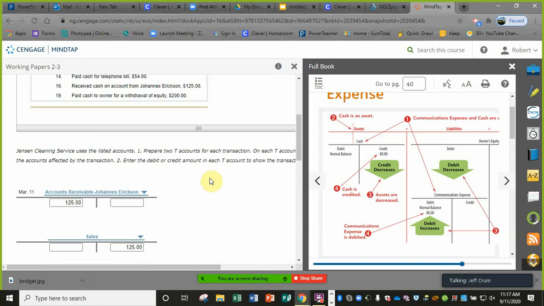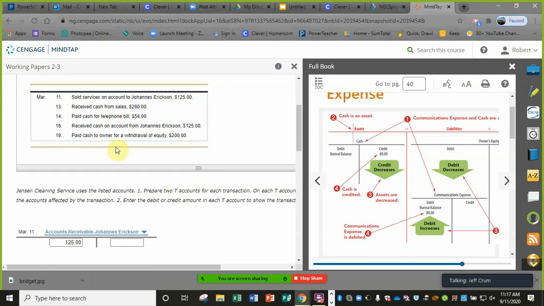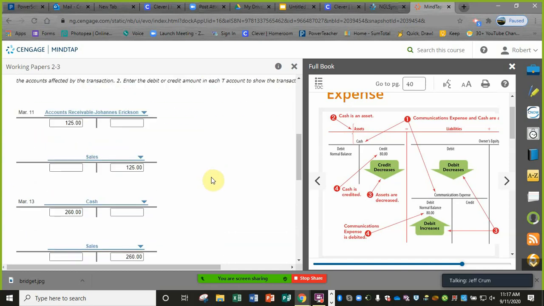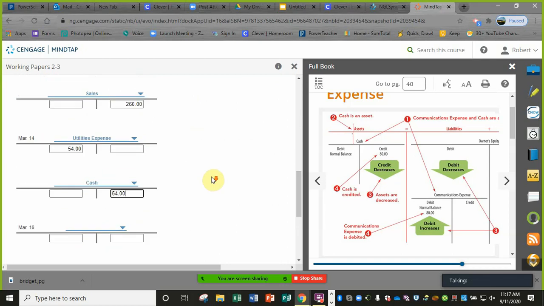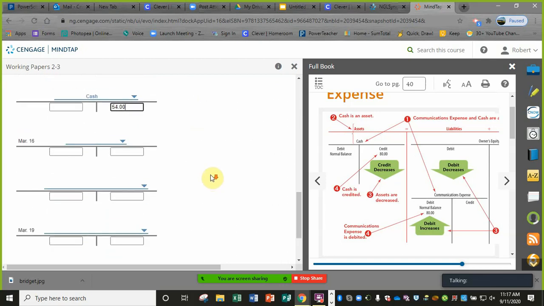And then our last transaction, paid cash to owner for withdrawal of equity. So we paid out some cash.